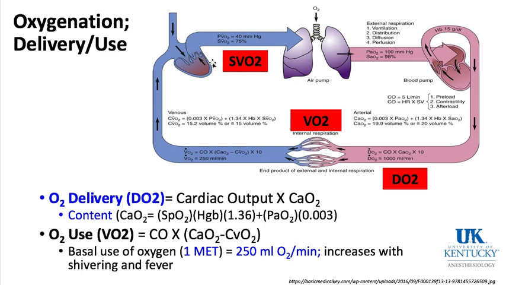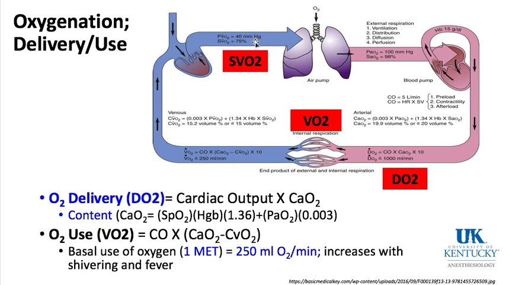And blood comes back to the pulmonary artery deoxygenated, mixed venous, SvO2 about 75%, and a partial pressure of oxygen of about 40 millimeters of mercury. We will spend some time talking about mixed venous oxygen in the cardiac section of keyword review.